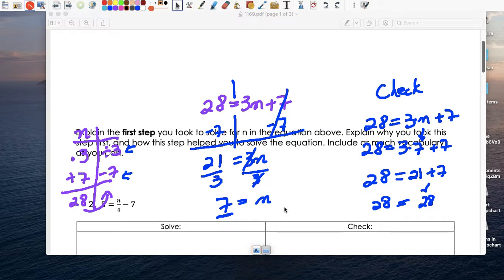The first step we took was to subtract the constant from the right side.